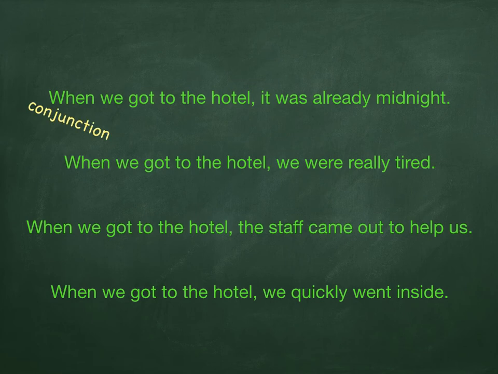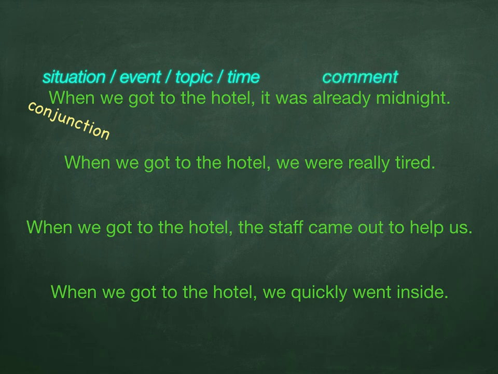When is a conjunction, and the phrase "when we got to the hotel" describes the situation or event, or as it says here, topic or the time. This is now complemented by the main part of the sentence, which may be a simple comment, or it could be the action that follows.